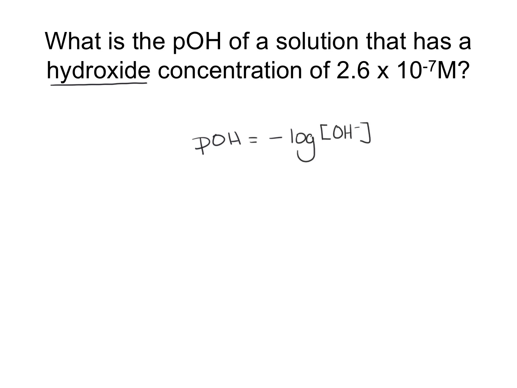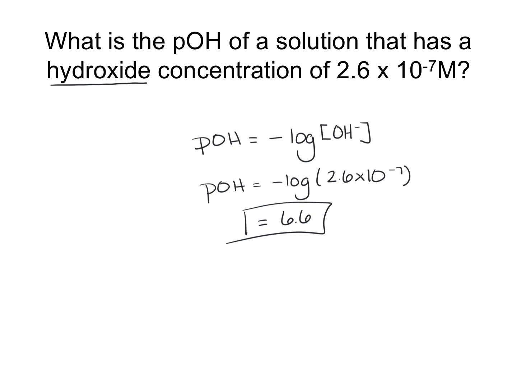And so we say pOH equals negative log, and we plug in the concentration here, which is 2.6 times 10 to the negative 7th. We'll put that in our calculator, and we get 6.6 as our pOH here.